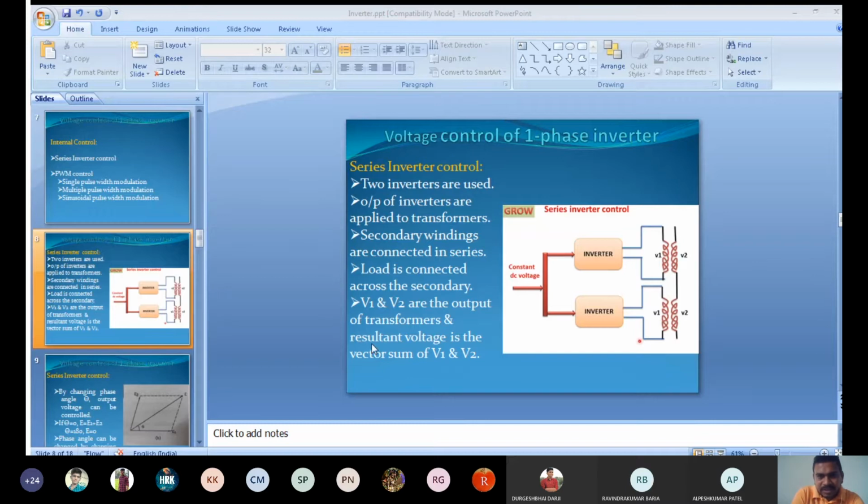So this pulse is generated from this point to this point, when the carrier signal becomes equal to or lower than the reference signal.